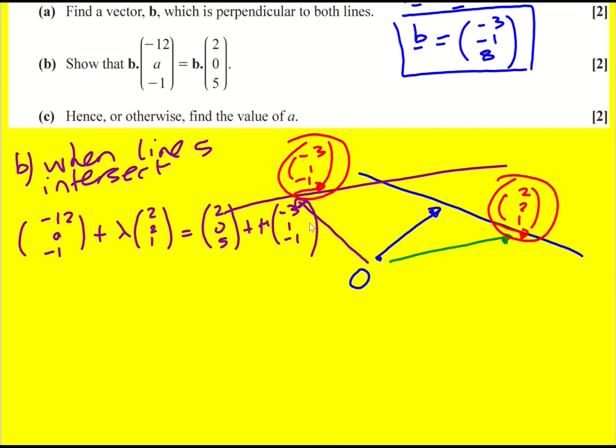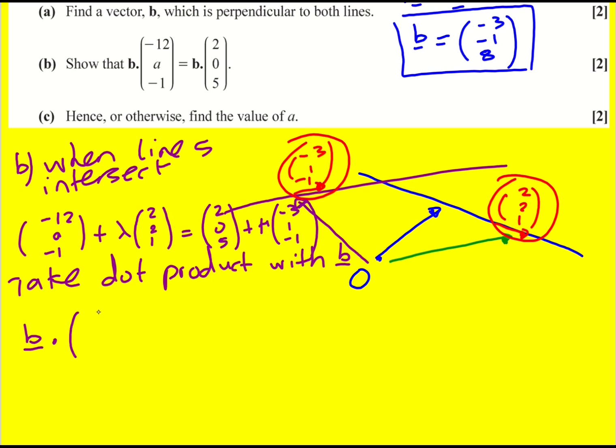But we know this is an equation now, so I'm going to take the dot product with b. So b dotted with all of this, and I think I'm just going to go straight to it.